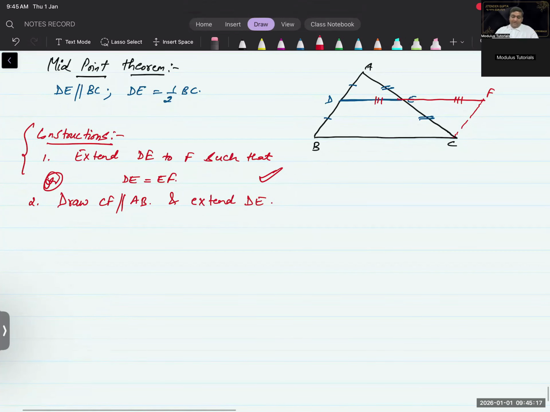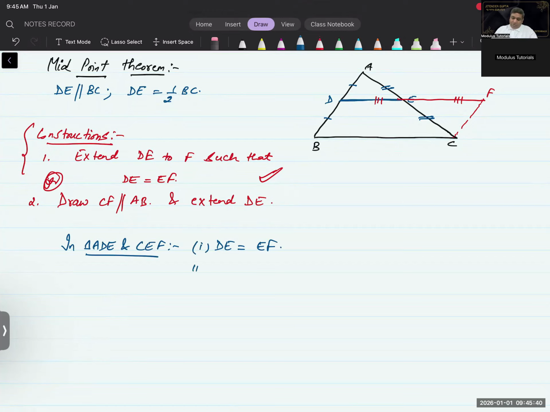So I have extended DE so that DE equals EF, and I have not yet proven that CF is parallel to AB. This will all come your way. Now see this. Consider triangles ADE and CEF. Notice that DE is equal to EF. This is by construction only.